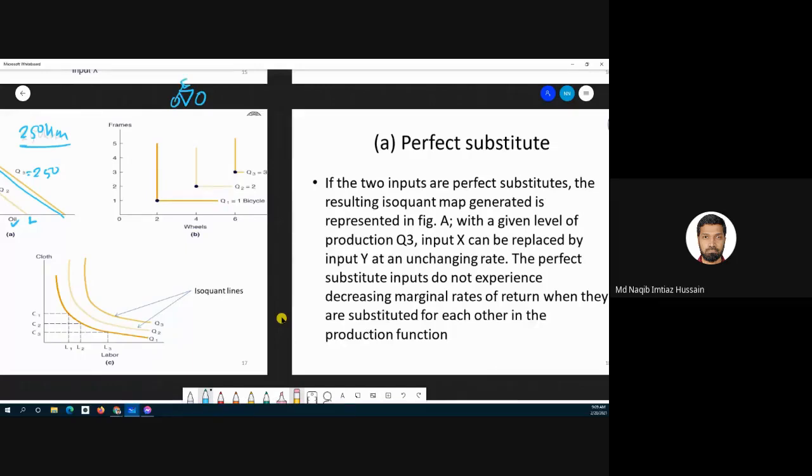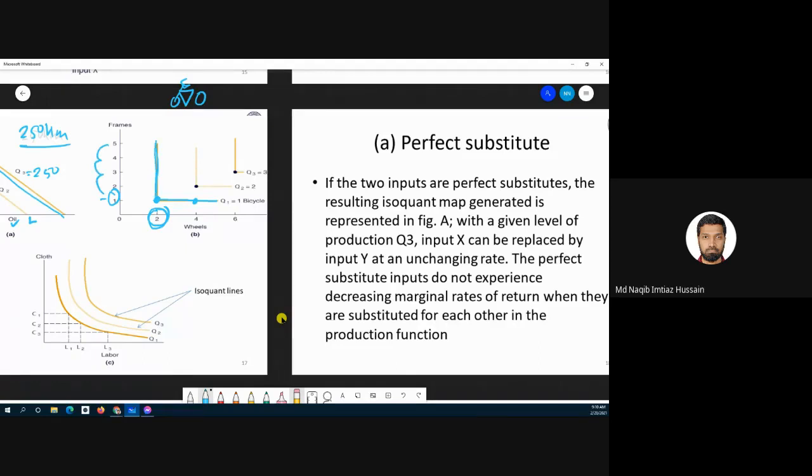So you need two wheels and one frame to produce one bicycle. তুমি যদি হুইলের সংখ্যা বাড়াও, হুইল মনে করো 4টা হুইল দিলা, কিন্তু ফ্রেম একটা, কয়টা বাইসাইকেল হবে? একটাই হবে. So you are going to this horizontal line, and if you go the other way around, if you keep the number of wheels same, and if you keep on increasing the frames, you still have one bicycle, right?